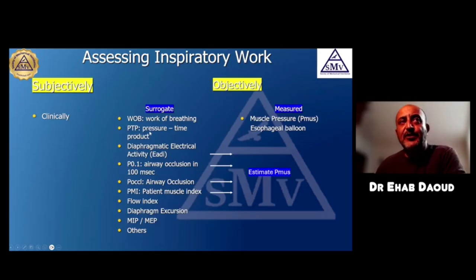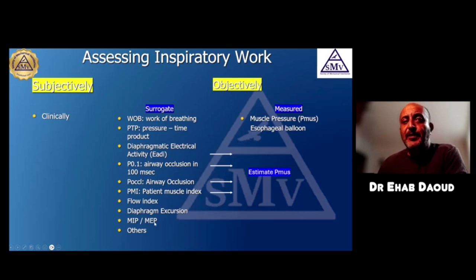The PTP, or pressure time product; the diaphragmatic electrical activity, the EADI, if you have it; P0.1, which has been gaining a lot of popularity; P occlusion, the total airway occlusion; PMI, the patient muscle index; there's something called the flow index; and if you like ultrasound, you can use diaphragmatic excursion or diaphragmatic thickness.